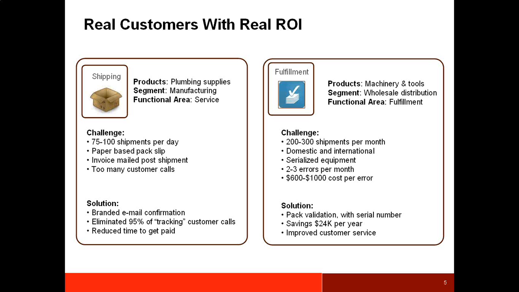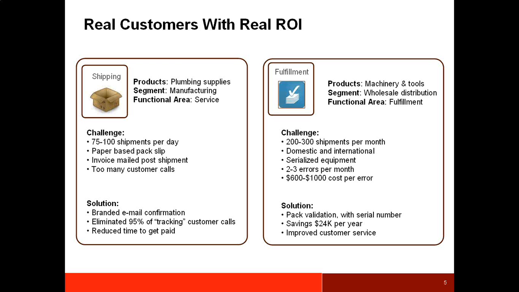And they also wanted to build a little more brand loyalty. So what they implemented was an integrated, branded email. As that shipment went out, they sent an email with their brand that outlined, okay, it's been shipped. So again, probably saving that first call from even coming into the call center and reinforcing their brand with that customer.